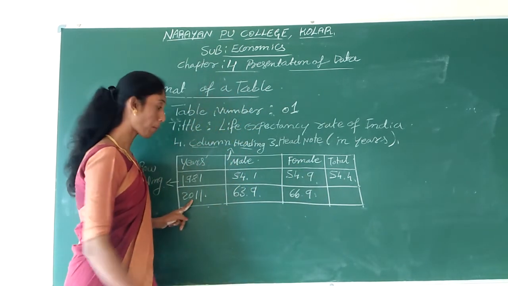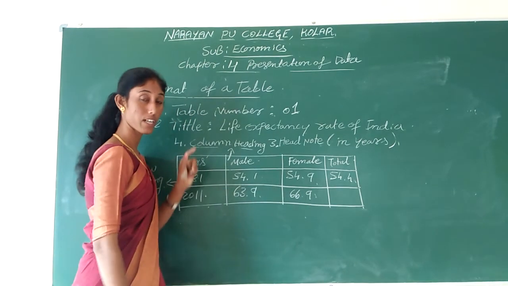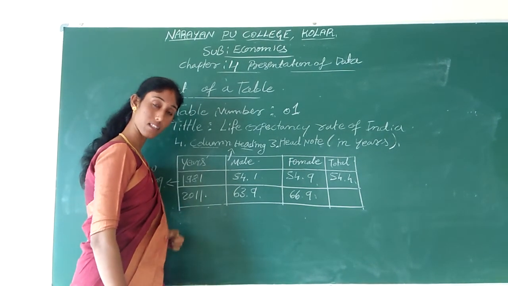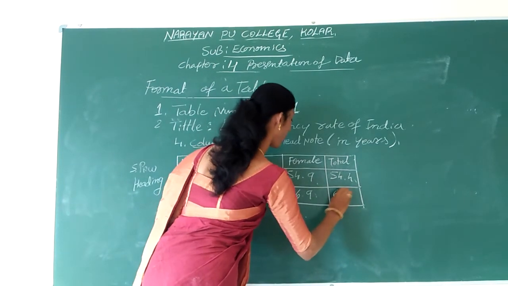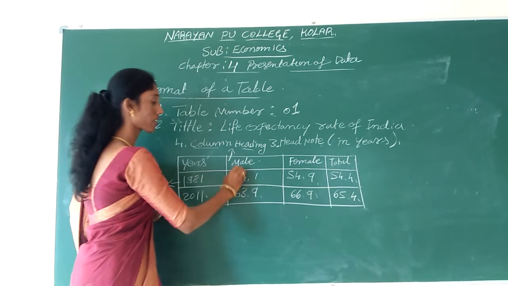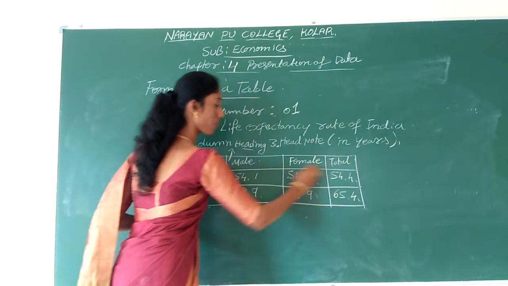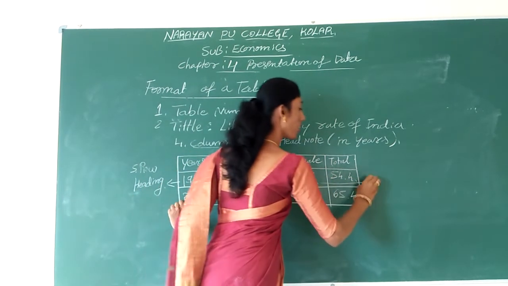Then by combining both male and female life expectancy, we will get the total life expectancy of Indians, that is 65.4. Got it? These numerical values of a table are nothing but the body of the table.